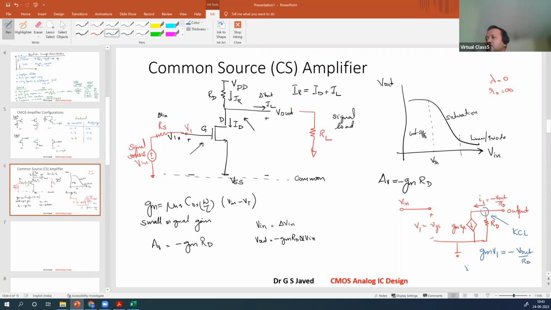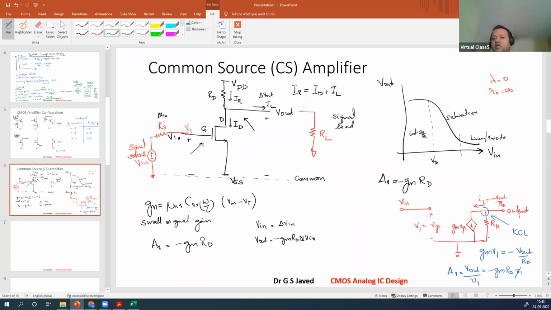So you can say V out is equal to minus gm RD V1. Now V1 is your input. You bring it down here, and you will get minus gm RD as the gain. So this is how you obtain the gain.